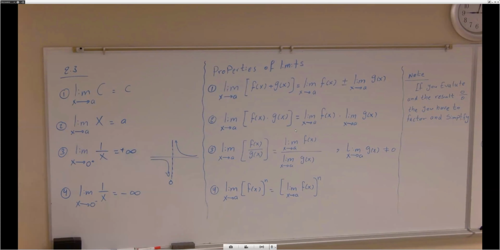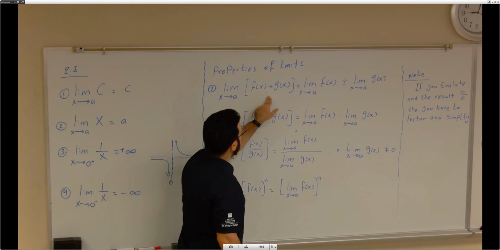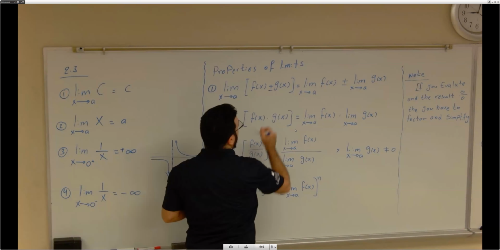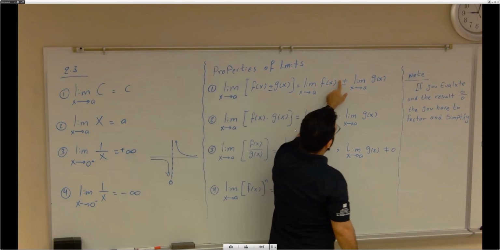The properties of limits. Every time you have a limit of the addition or subtraction of 2 functions, it is going to be the limit of the first one plus or minus the limit of the second one.